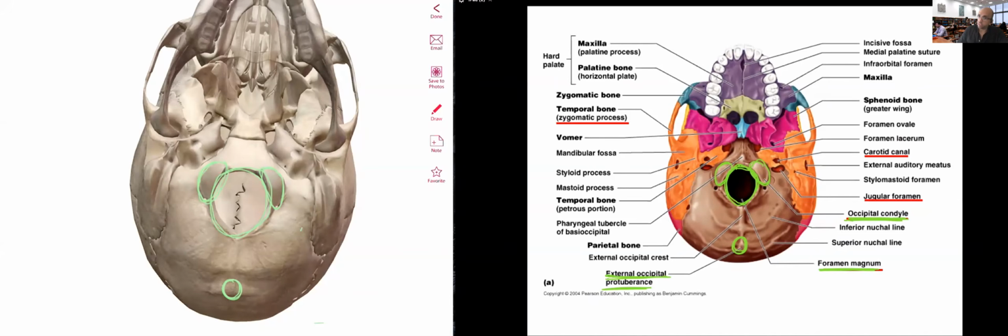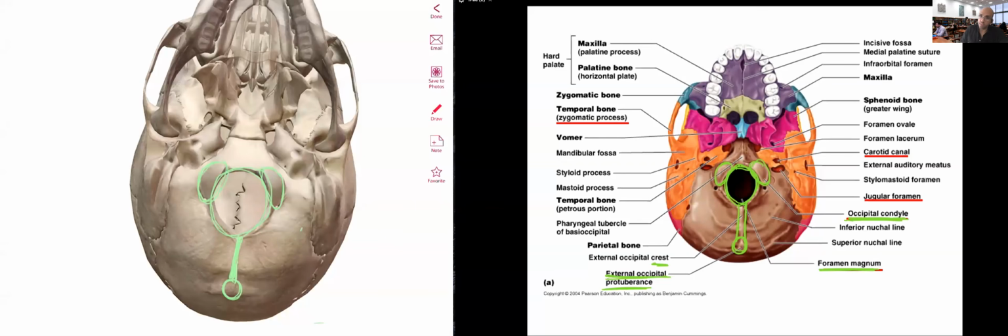Also, you can see on here a ridge that is as if connecting the external occipital protuberance to the foramen magnum. A ridge on the bone is what we call a crest.